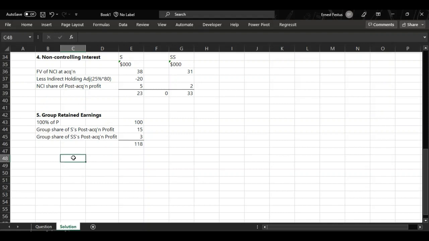Alright, so let's quickly look at how our consolidated financial statements will look like. So we have consolidated statements of financial position as at 31st December 2022.